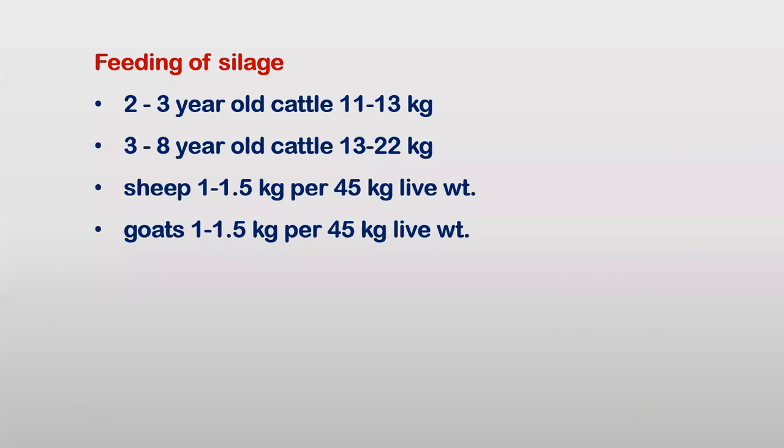How can we feed the silage? For 2 to 3 year old cattle, we can feed 11 to 13 kg of silage. For animals 3 to 8 years old, we can feed 13 to 22 kg of silage. In the case of sheep and goats, we can feed 1 to 1.5 kg of silage per 45 kg body weight.